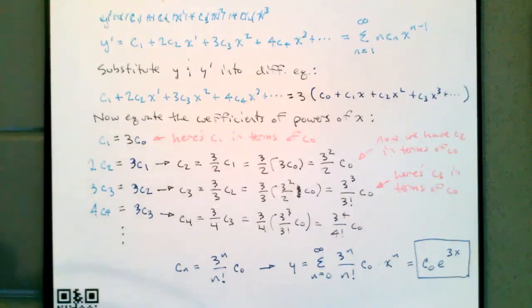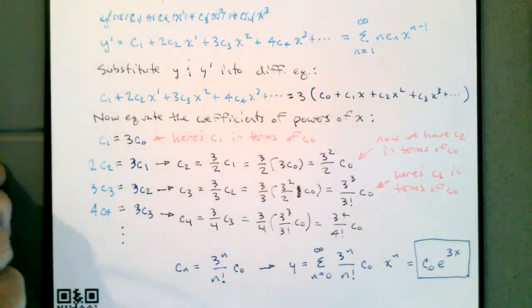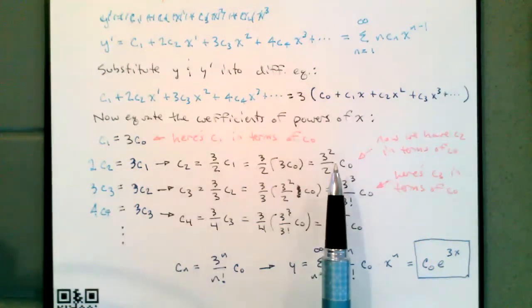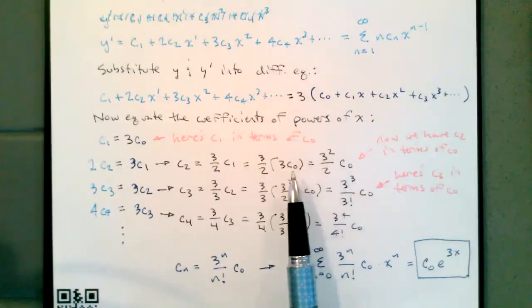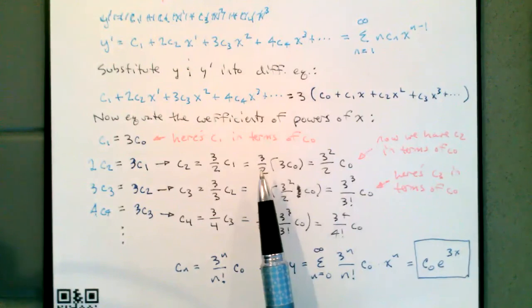Oh, hang on. Do you have a question? Yeah, I was going to ask about the second to last step where you have 3/2 multiplied by C, or I'm sorry, 3 times C0. Can you explain how you got that again? I got lost there. From here, 3 squared over 2. Yeah, leftover. Exactly.